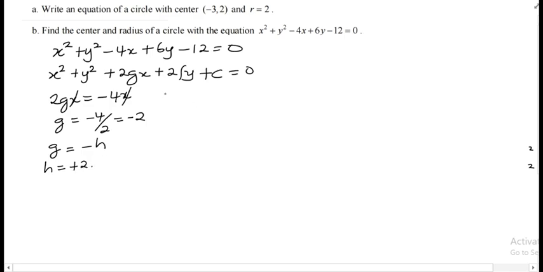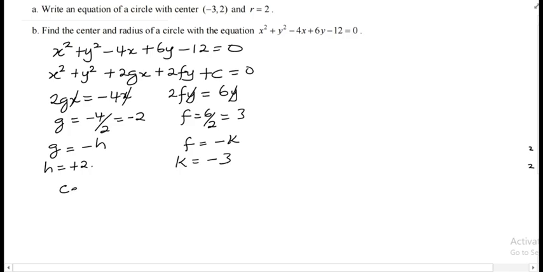Okay, then coming here, you have 2fy. 2fy is equal to plus 6y. So y divide y. So 2f will now be 6 over 2, which is equal to 3. So since f is equal to negative k, then you have your k to be equal to minus 3.